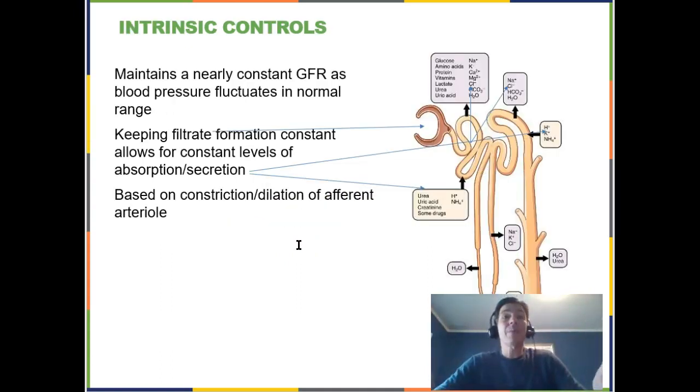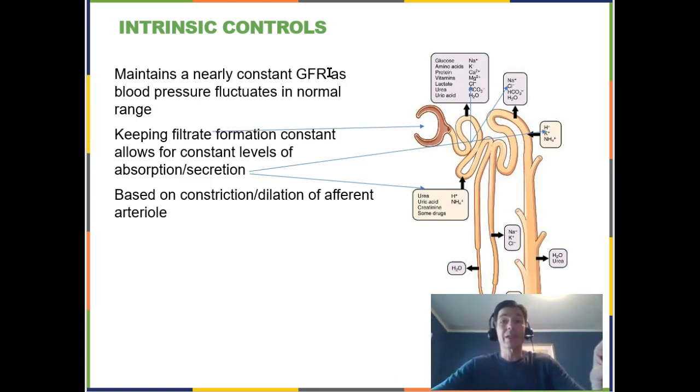So first up are the intrinsic controls. The way the intrinsic controls work is that they are designed to maintain a constant glomerular filtration rate. So you're assuming that your body's overall physiology, blood volume, blood pressure, pH, and all of that is relatively normal, so nothing drastic has to happen in the kidney to maintain homeostasis.